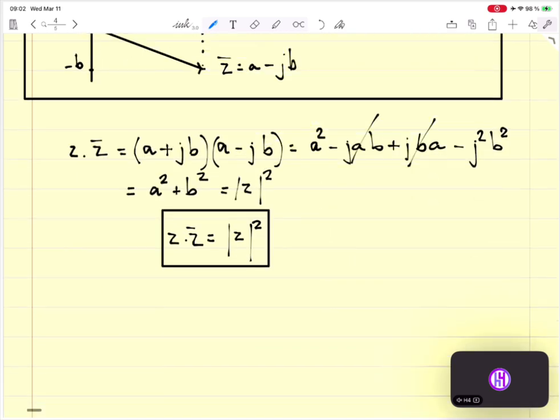So the division, we have seen adding, multiplication, now we need division, okay? The division of two complex numbers, let's say Z1 divided by Z2 equals A plus JB divided by C plus JD, is kind of tricky.